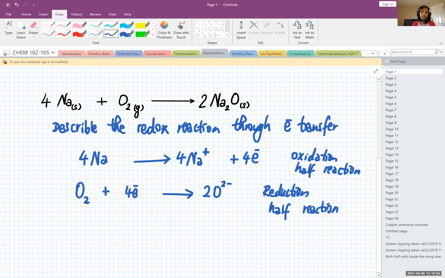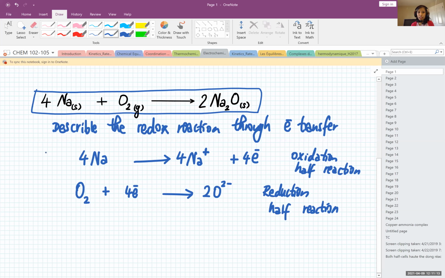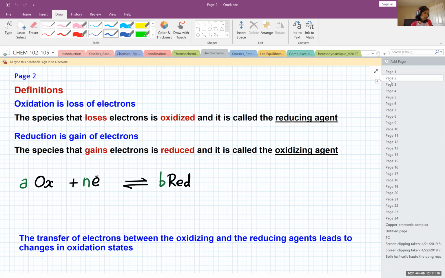And oxygen is accepting, gaining the electrons. Whatever takes in electrons is the one that is being reduced. So that process is the reduction process. That's how we define this reaction in terms of transfer of electrons as a redox reaction. Now we'll move on to the next page here.